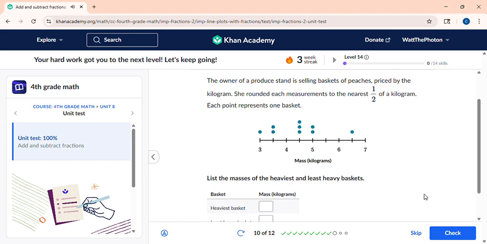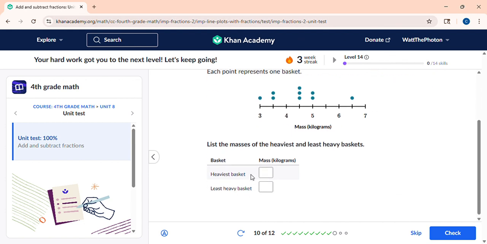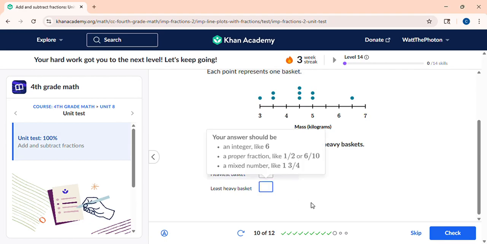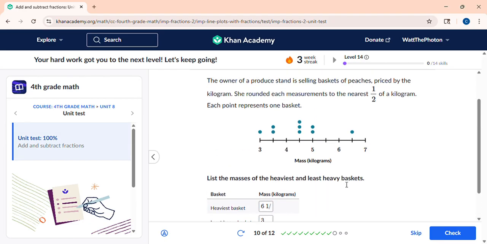The only resting is selling baskets of peaches. She rounded each of the measurements to 1/2 of a kilogram. Not pounds, kilogram. For the internationals, the heaviest basket is 6.5, or 6 1/2 kilograms. And the least heaviest is 3 kilograms.